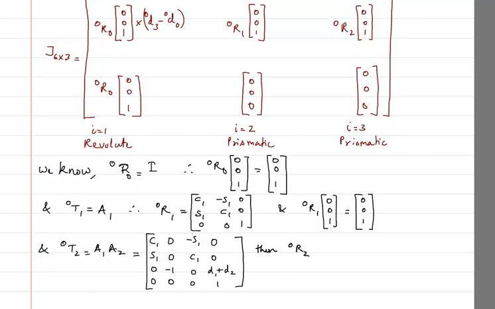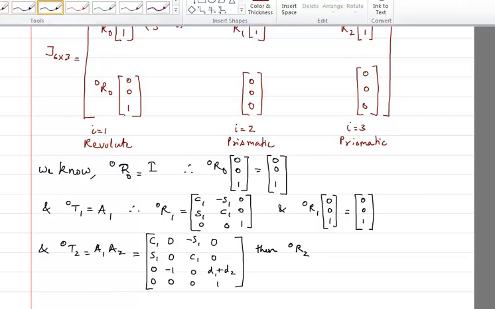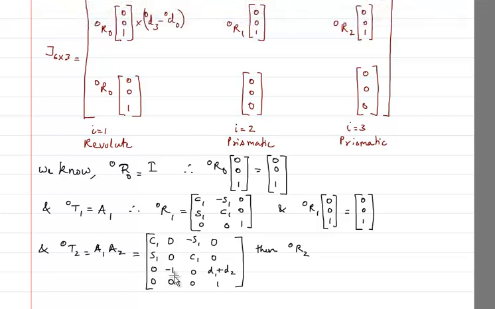So 0r2 will be the 3 by 3 matrix that I am having here. That matrix I have to multiply with 0 0 1 here. So multiplying with 0 0 1 means taking only the last column, because the others will be multiplied with 0. You will have to take the last column.